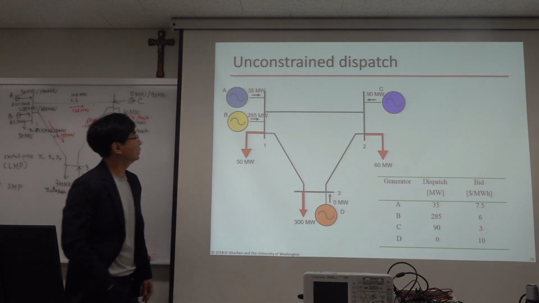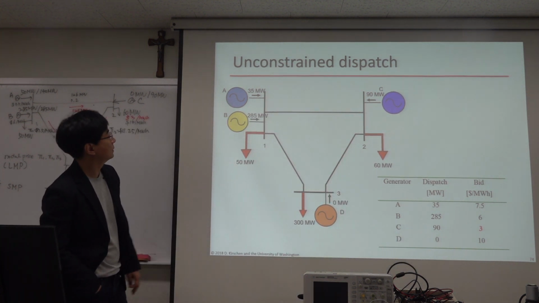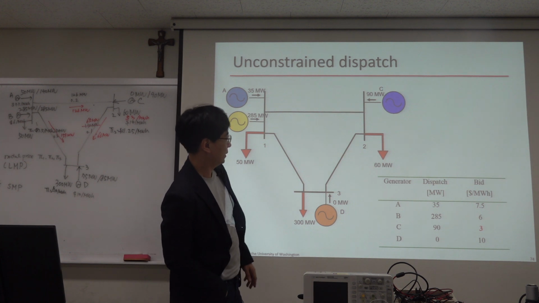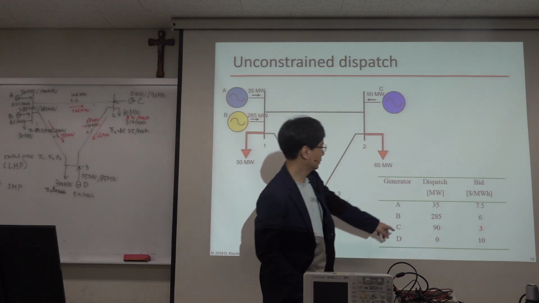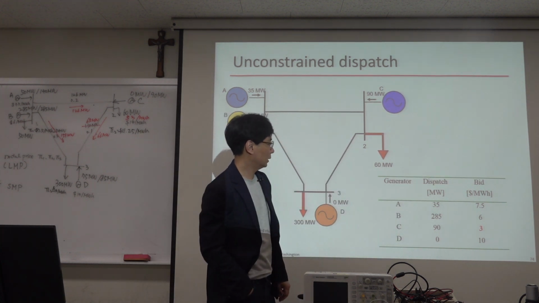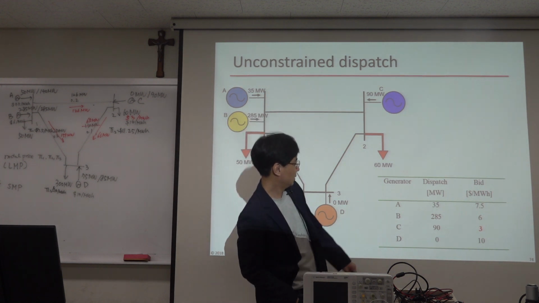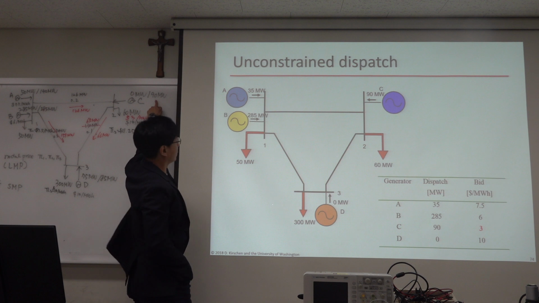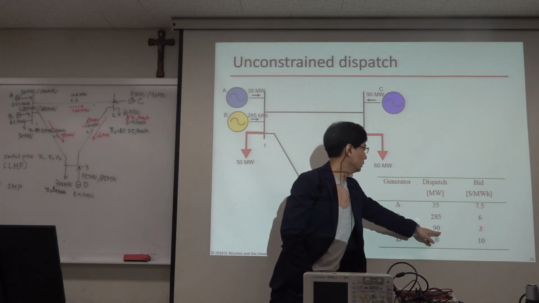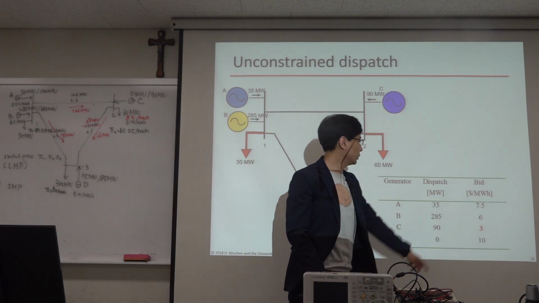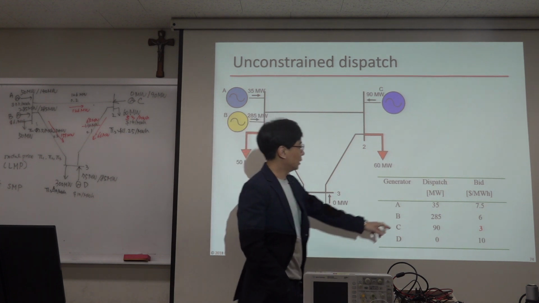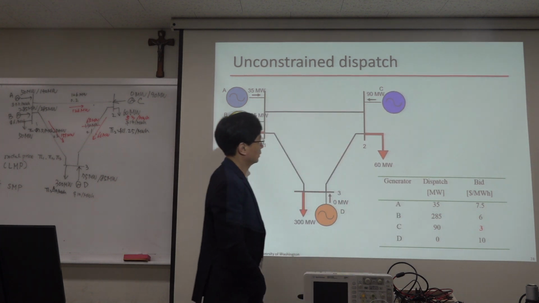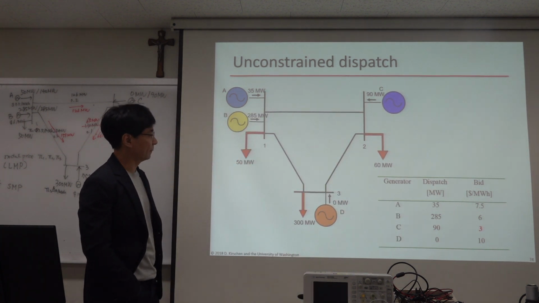And the result is that one. Generate at its full capacity, so maximum is 90. And then the second is 285, and the rest of that is supplied by generator A.